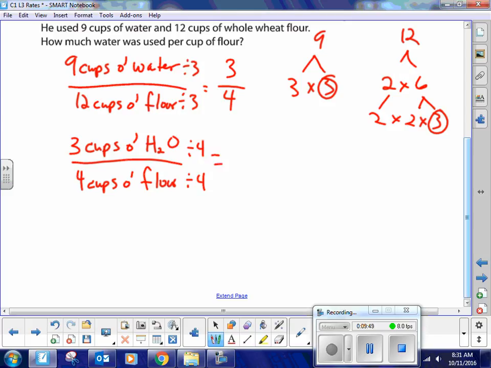Okay, and then I get 3/4 cups of water, H2O, over 1 cup of flour. Remember, that was that tricky one. Okay? So now you could theoretically stop right here.